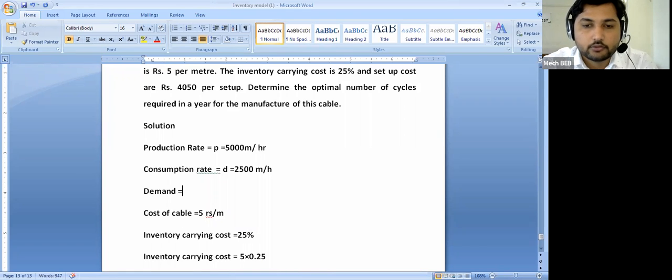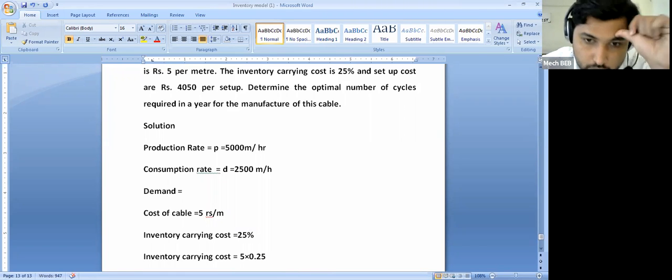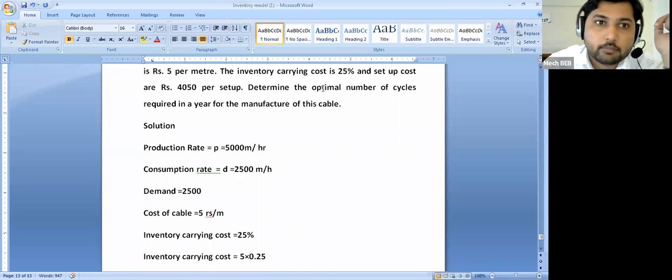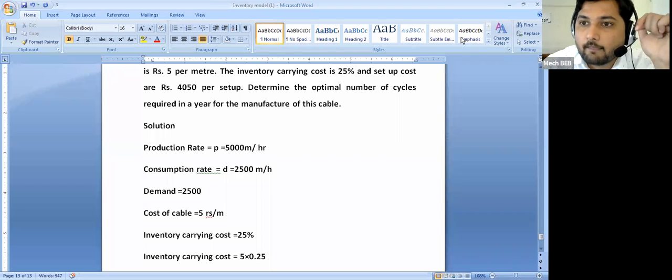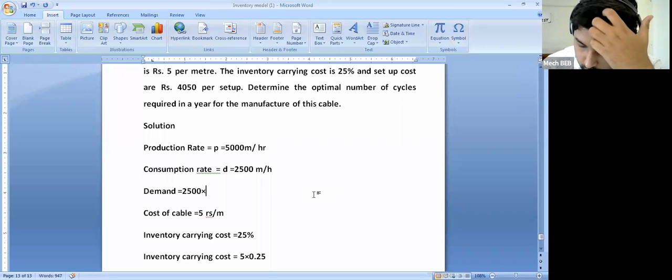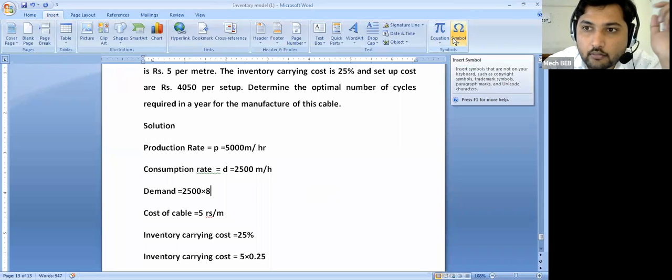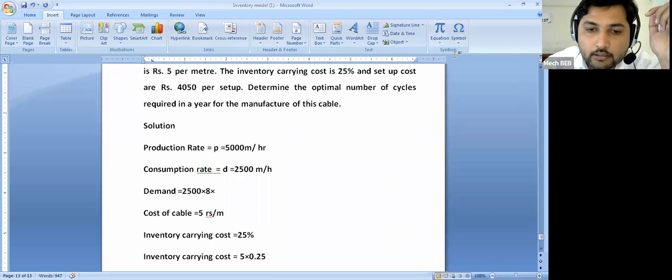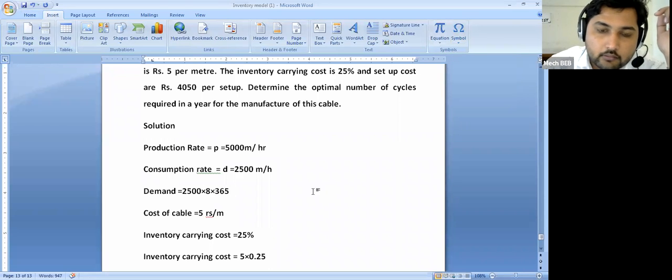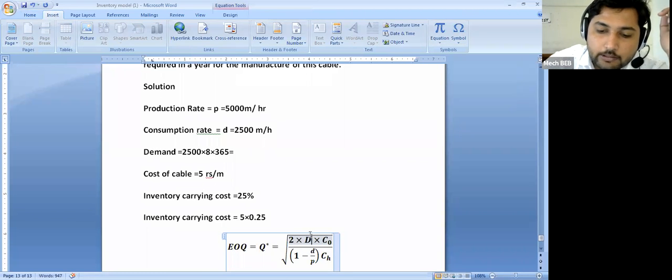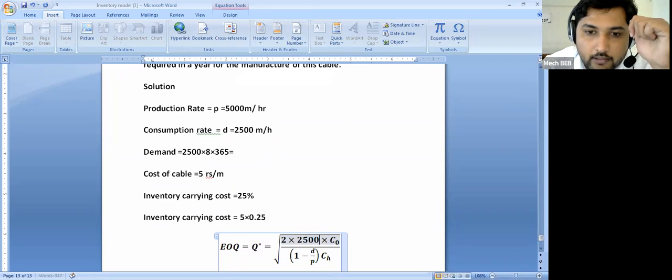Demand is 2500 meters per hour multiplied by the working hours. Let us consider 8 hours of working in a day and 365 days of working, so that will be your demand. Do the calculation.